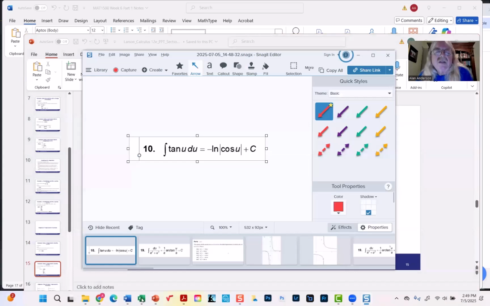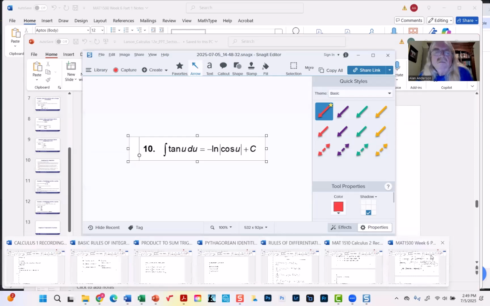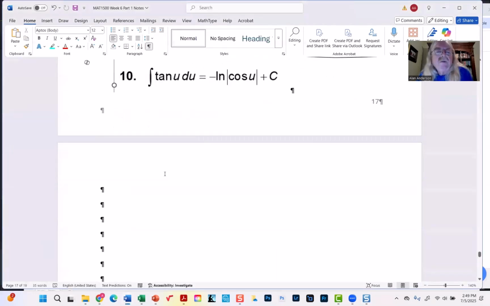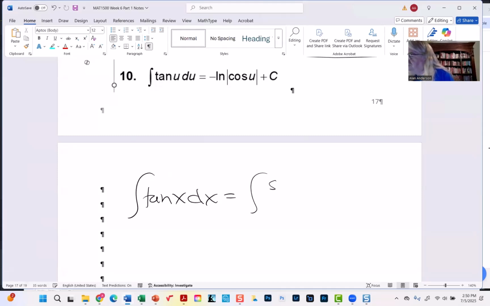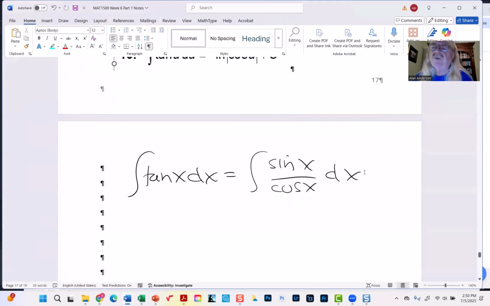Instead, let's try to use the definition of tangent, and we said, that's great as far as it goes, but let's try it a different way. So we could use u substitution, but we have to be careful to choose the right u. Let's say that u is cosine x.